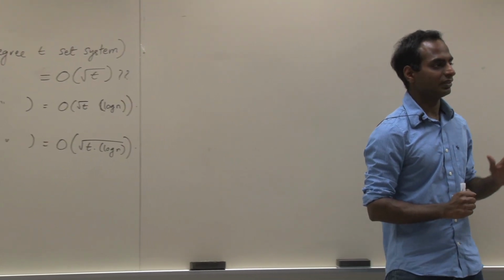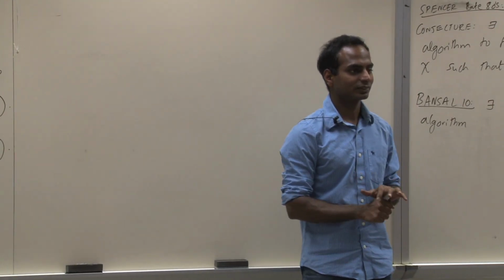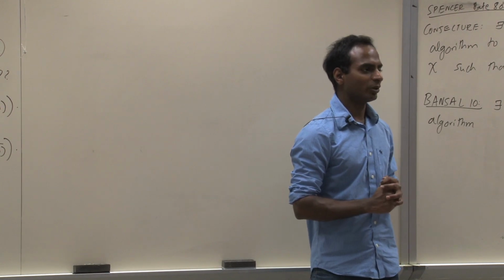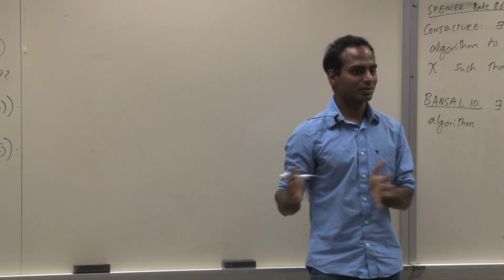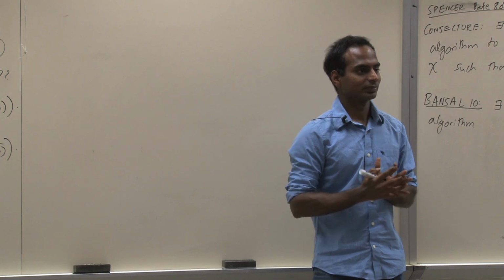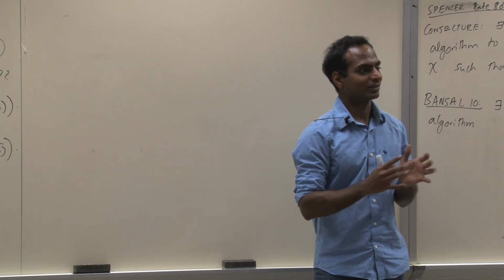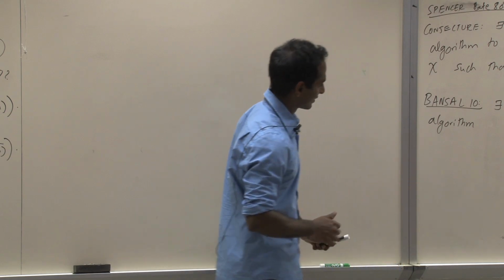How many of you have seen Gaussian distribution before? And how many of you have seen tail bounds for Gaussian distributions before? All right, we'll get to that in a second.